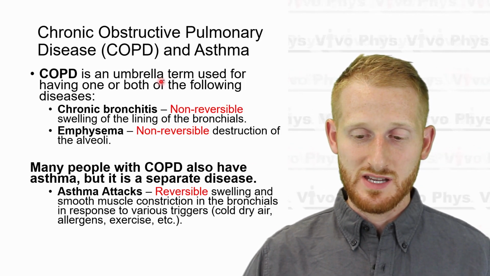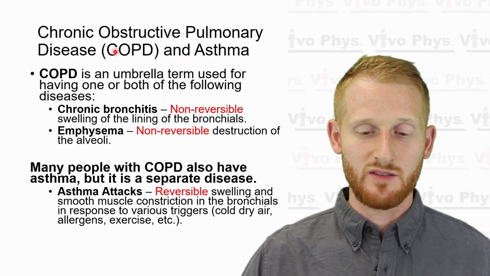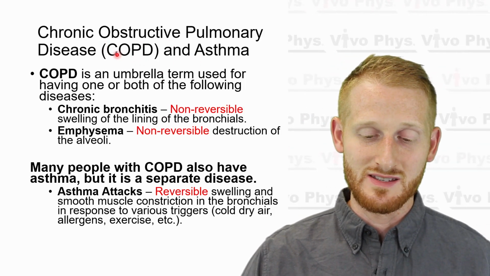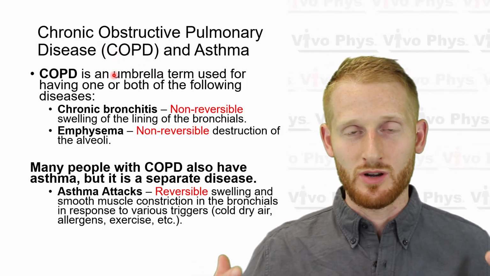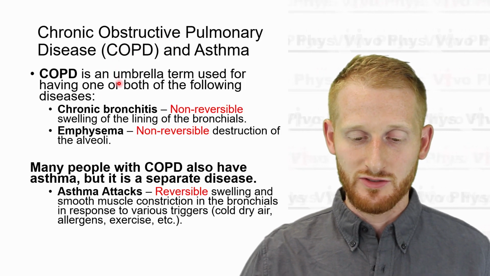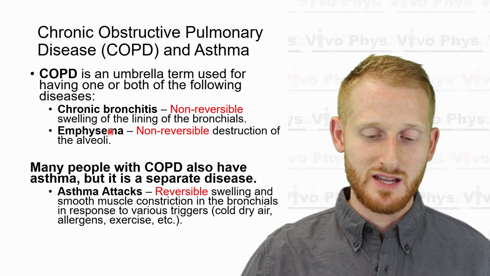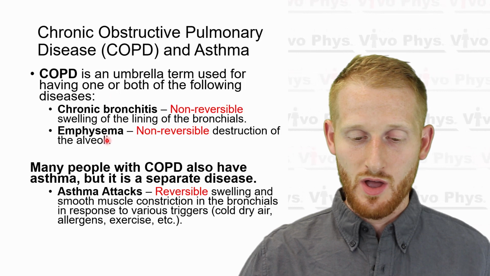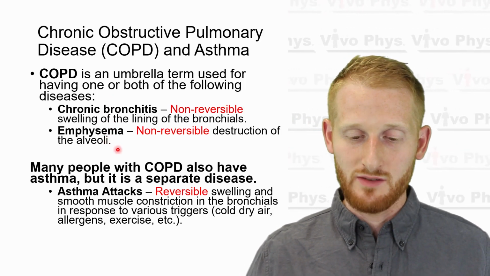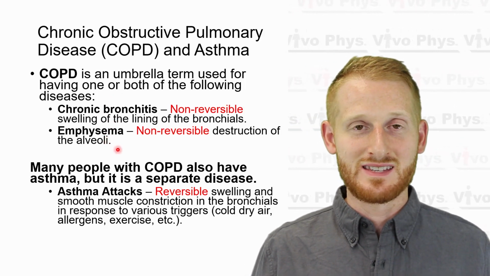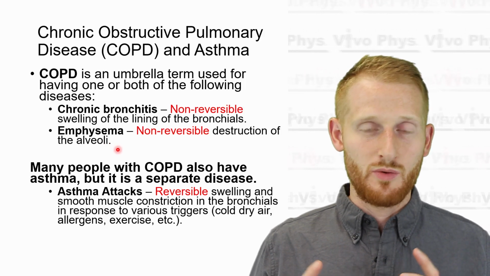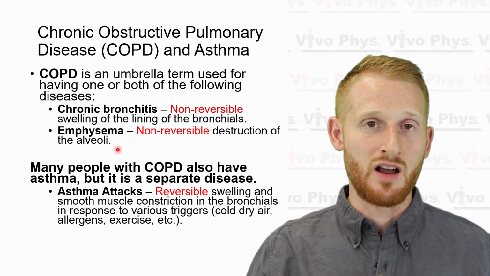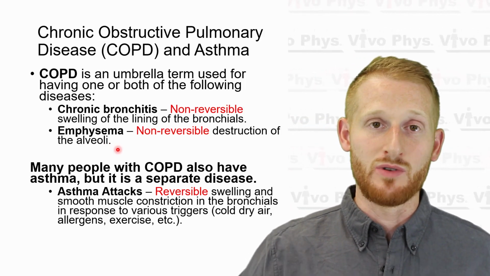So COPD and asthma. COPD stands for chronic obstructive pulmonary disease, and it's sort of an umbrella term for different conditions, the two big ones being chronic bronchitis and emphysema. Chronic bronchitis is when you have a swelling of the lining inside the bronchioles, which are the tubes inside the lungs that bring the air in and out when you ventilate.